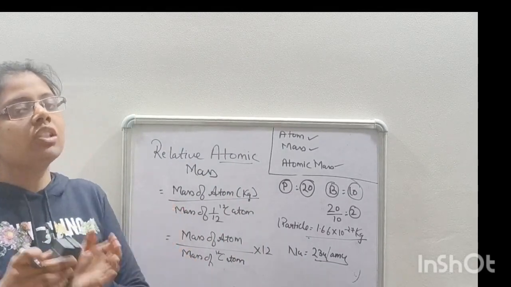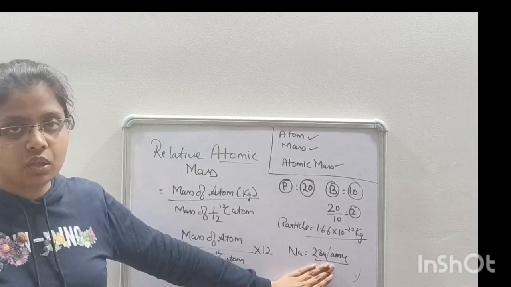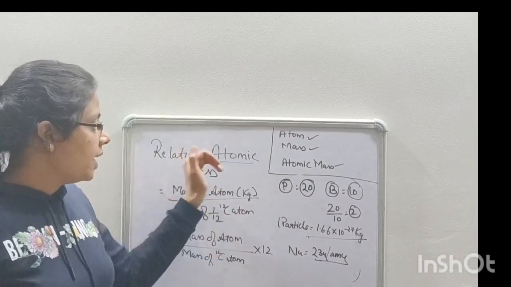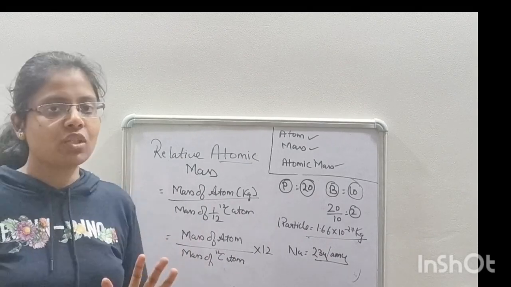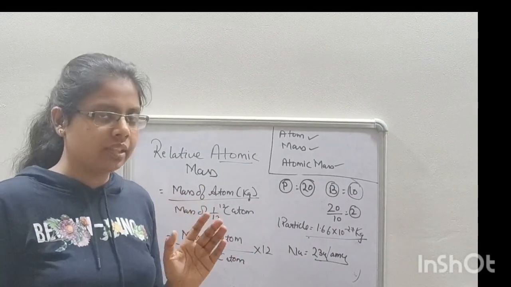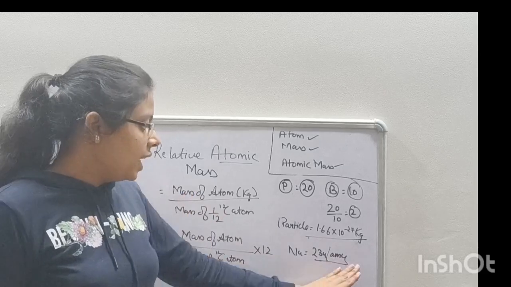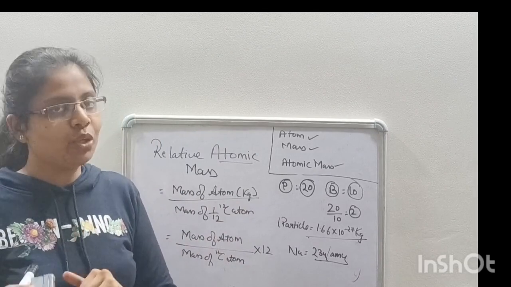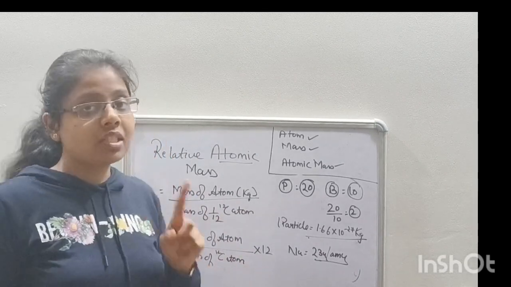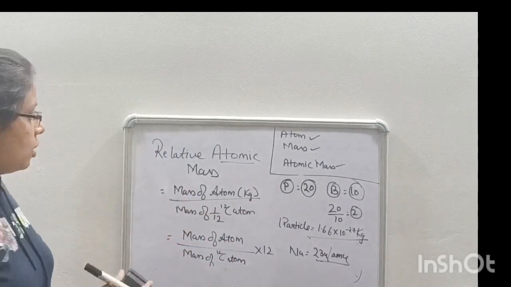So the number of protons plus neutrons comes out to be 23. So this is relative atomic mass. One problem of the U has been solved in case of atomic masses. And also, with the help of atomic masses, we can get the number of protons plus the number of neutrons. So relative atomic mass solved our two problems.